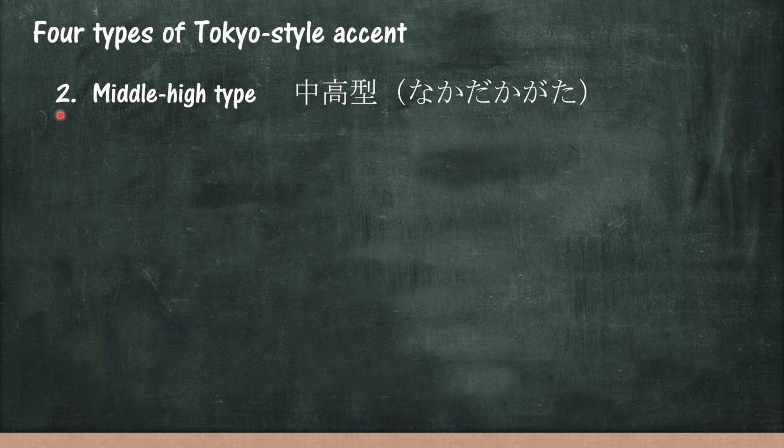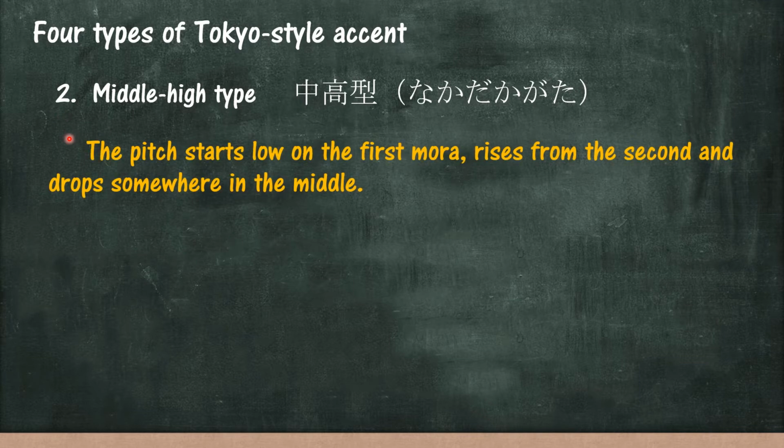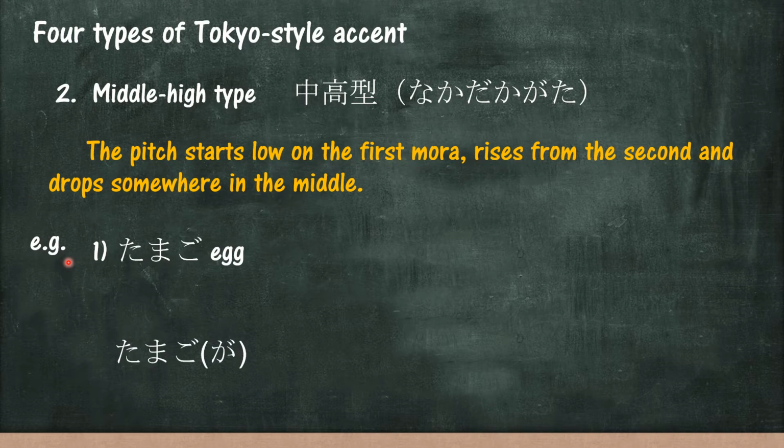Number two, middle high type, 中高型 in Japanese. The pitch starts low on the first mora, rises from the second, and drops somewhere in the middle. Let's look at some examples. 1.